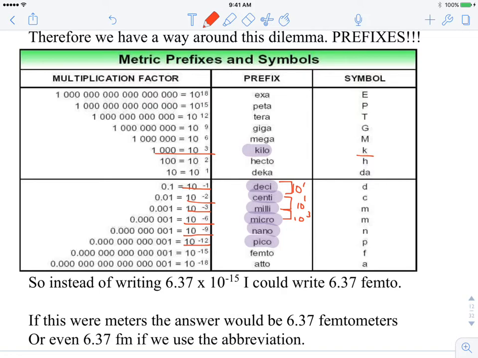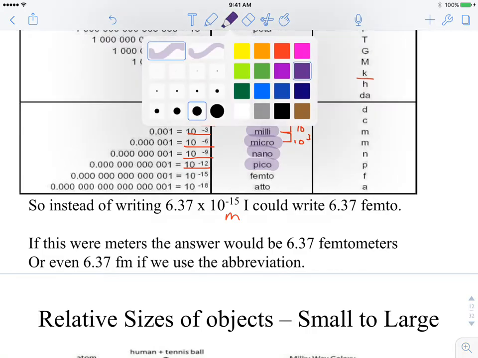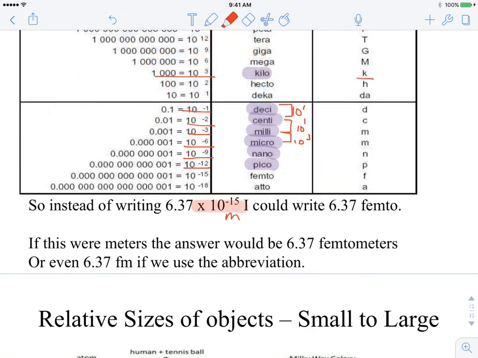Now why do we want to use prefixes? Well, one thing is to try and simplify our lives. For example, instead of writing something as being 6.37 times 10 to the negative 15 meters, a very tiny distance, or grams, very small mass, I could do away with this scientific notation part, and I could replace it with the prefix that matches it, which is femto.